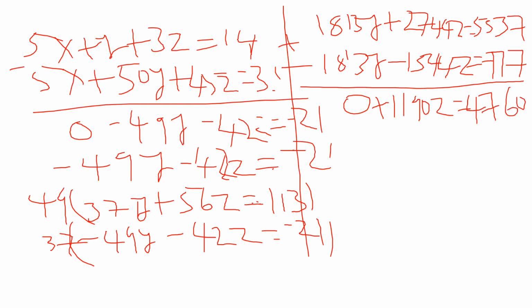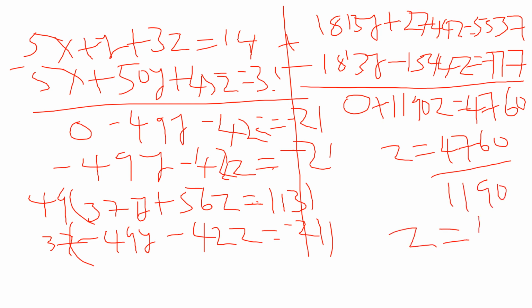And then from here we can make z the subject of the formula by dividing both sides. So we have z is equal to 4760 divided by 1190, and then we get the value of z being 4.